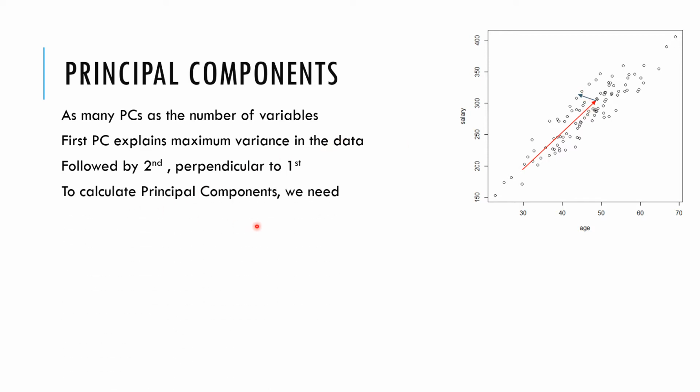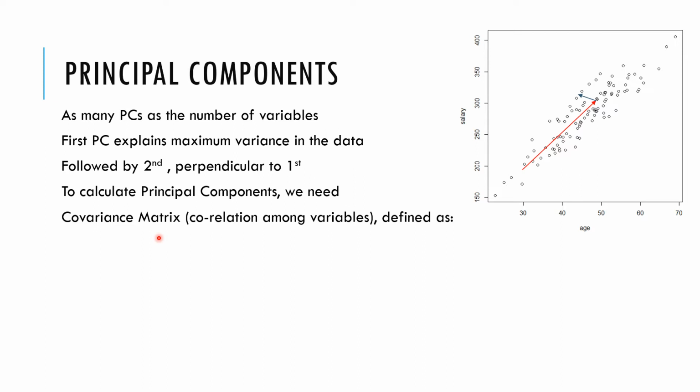To calculate principal components, what we need is the covariance matrix. Covariance matrix basically explains the correlation among variables. Covariance between two variables means that if the value of one variable increases, what happens to the value of the second variable?